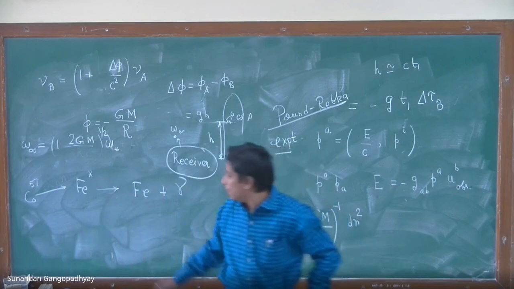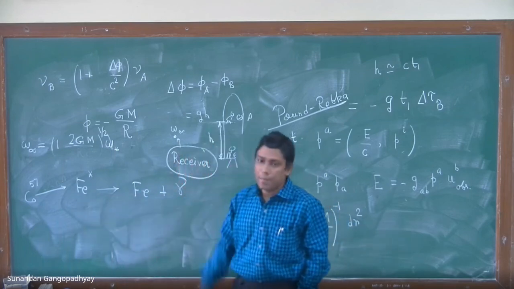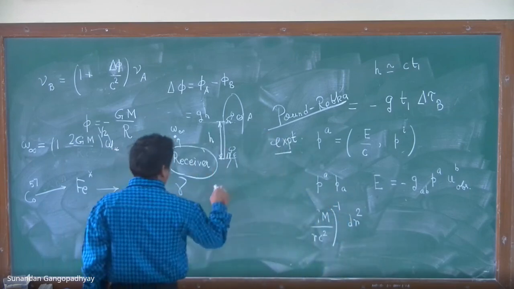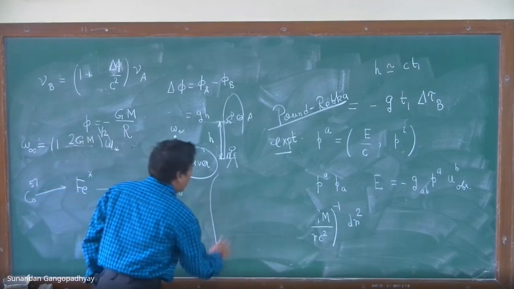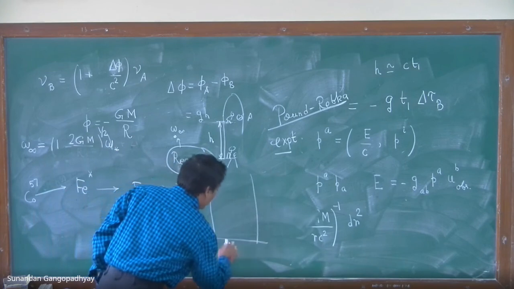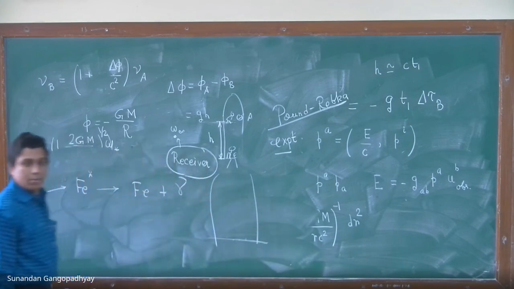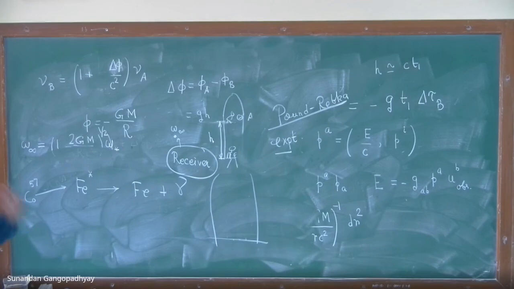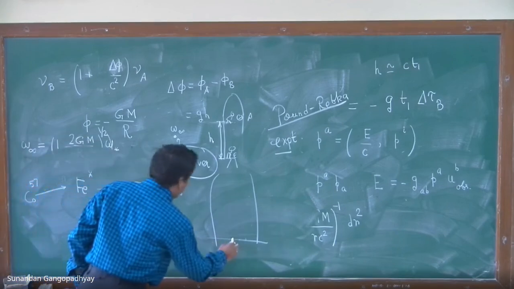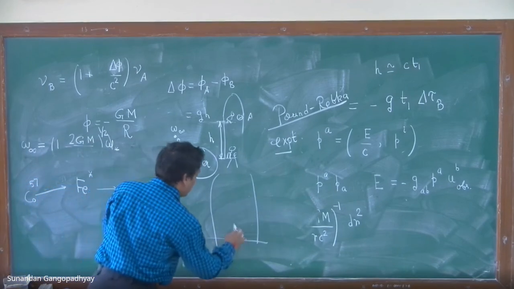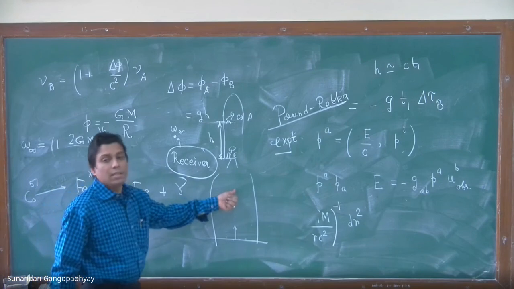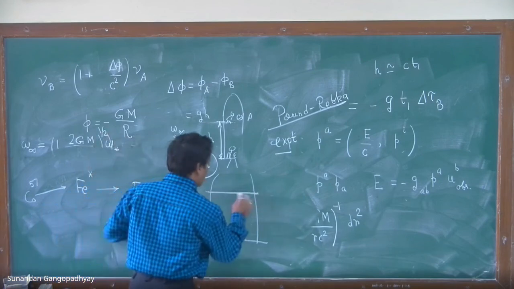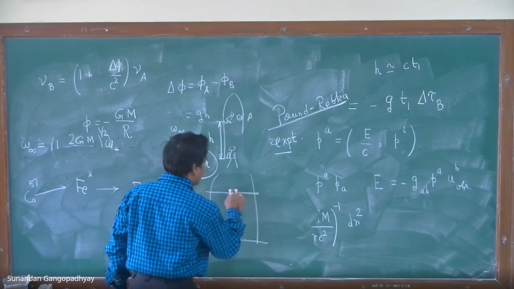And suppose this experiment was done in the Jefferson laboratory, and they were sitting at the lowest point of this Jefferson laboratory. So here this gamma was being emitted, but this is in a gravitational field, right? So what will he see? And there was some receiver here.